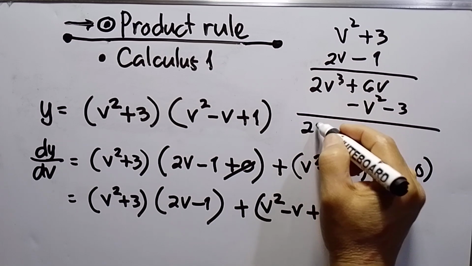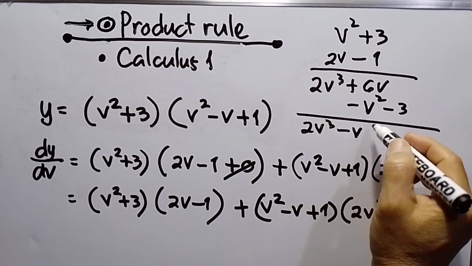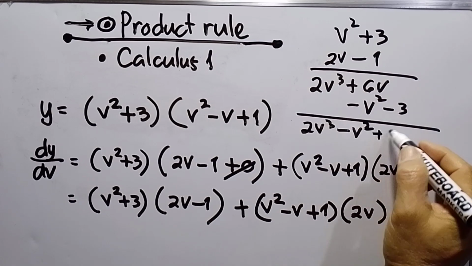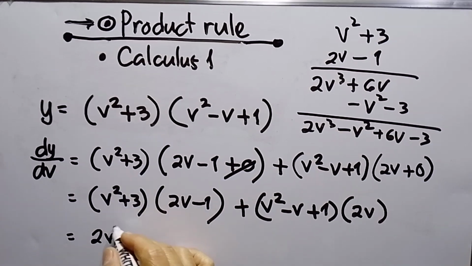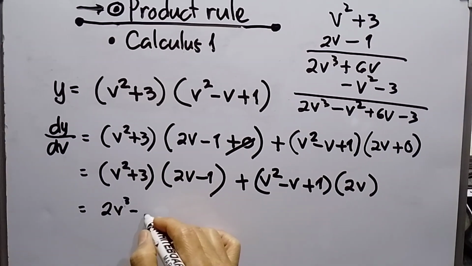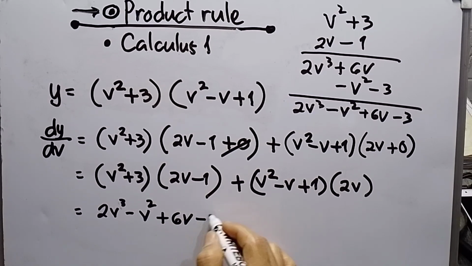So bringing it down, 2v cubed, followed by negative v squared, plus 6v, then minus 3.